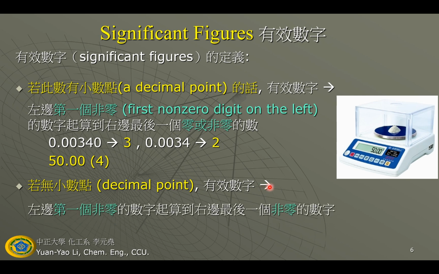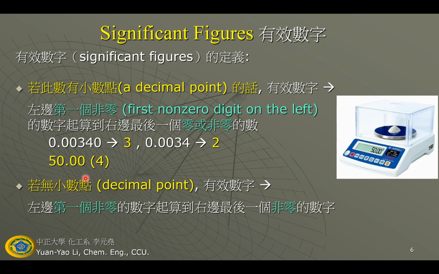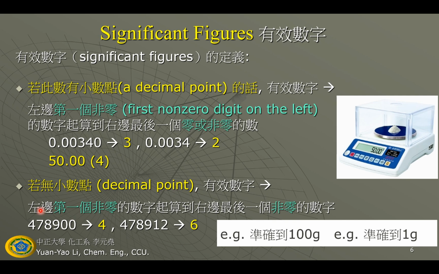Let me show you. If there is no decimal point, then you count from the left-hand side, from the first non-zero digit, until the last non-zero digit. So here is 1, 2, 3, 4: 4 significant figures.